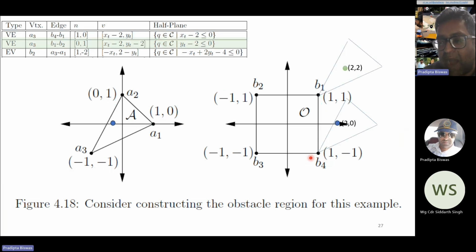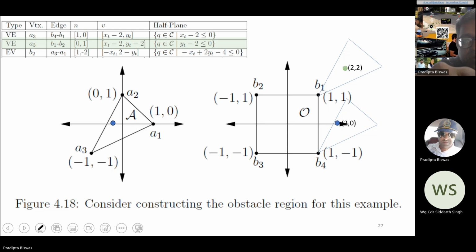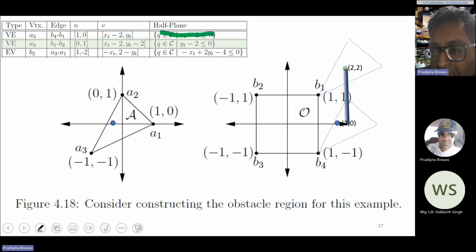And the half plane equation will be xt minus 2 less than or equal to 0, which will be this vertical plane. This one will be this line.